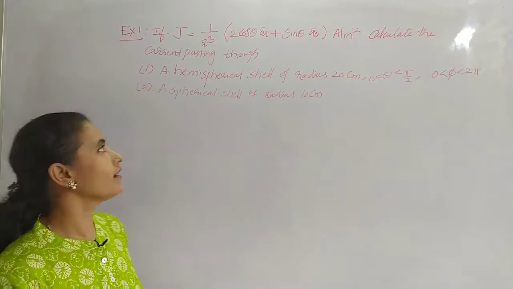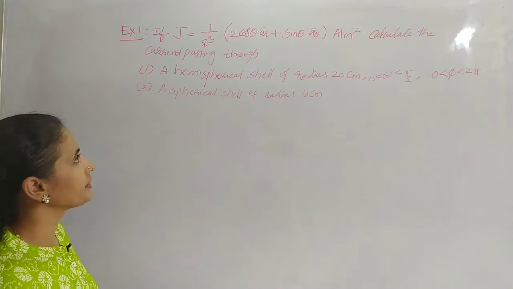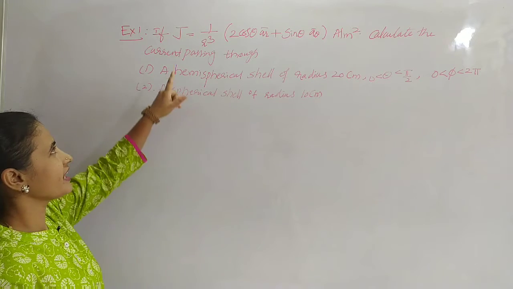Let us have a numerical on the properties of the materials. First one, J is given.